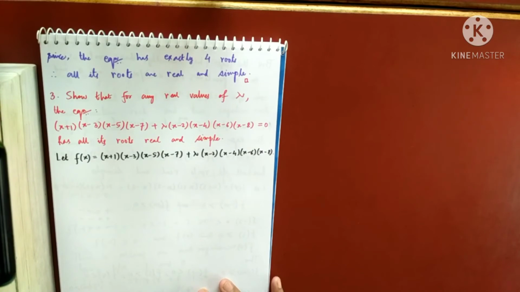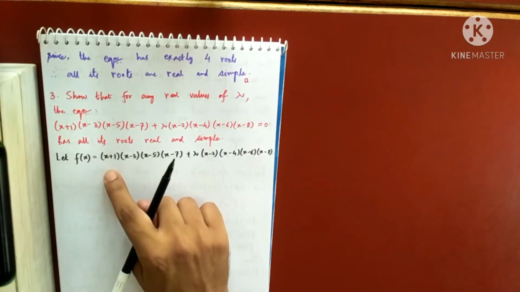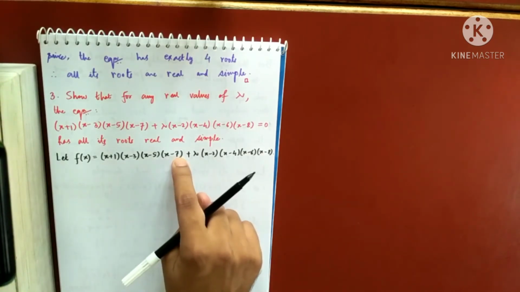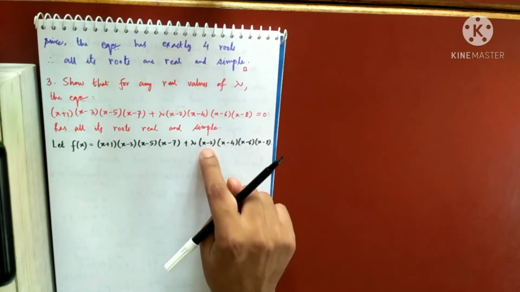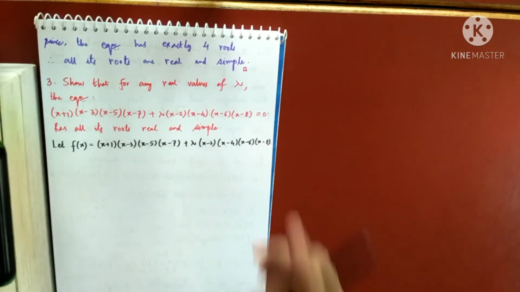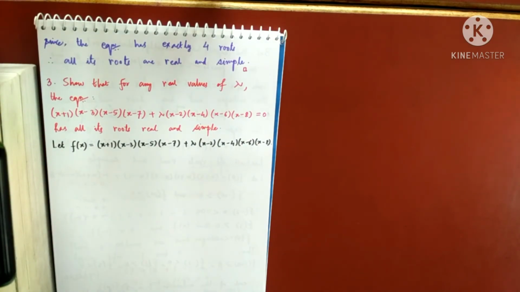This time I cannot say directly what is f of infinity and f of minus infinity, because the coefficient of x to the power 4 is 1 plus lambda. Because from here I'll get x to the power 4, and from here lambda x to the power 4. If I take them together, this is 1 plus lambda times x to the power 4.